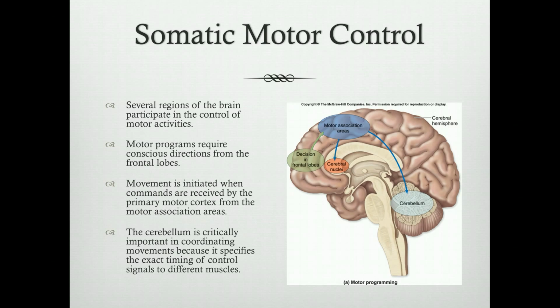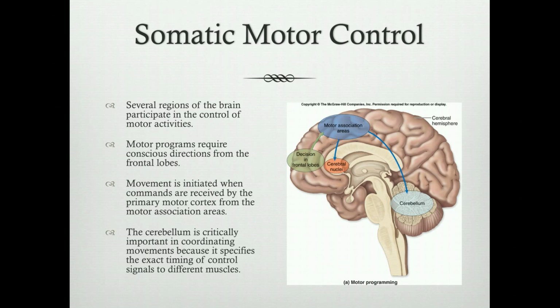And so when it comes down to it, several regions of the brain are going to participate in the control of these motor activities. And that in and of itself is particularly important, because these motor programs require conscious directions from the frontal lobes. So specifically, the frontal lobes are there to help us to determine whether or not we should or should not do this action.